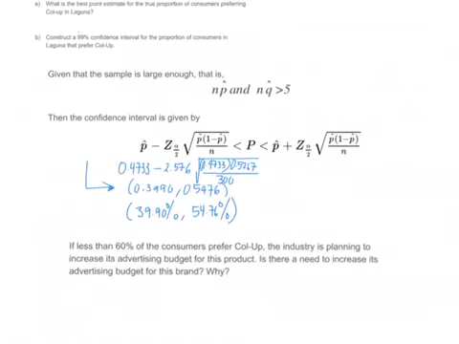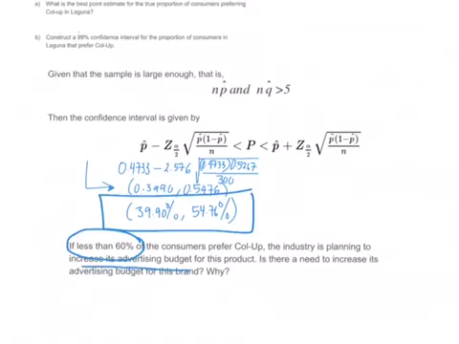Note that the true proportion could lie from 39.90% up to 54.76%, and that means the true proportion is less than 60%. Therefore, since the proportion is less than 60%, the industry should increase its advertising budget. That means to make it more popular or to make it known to more consumers.